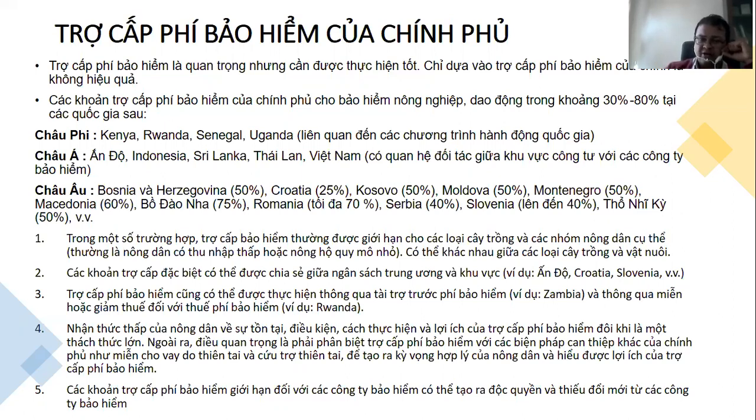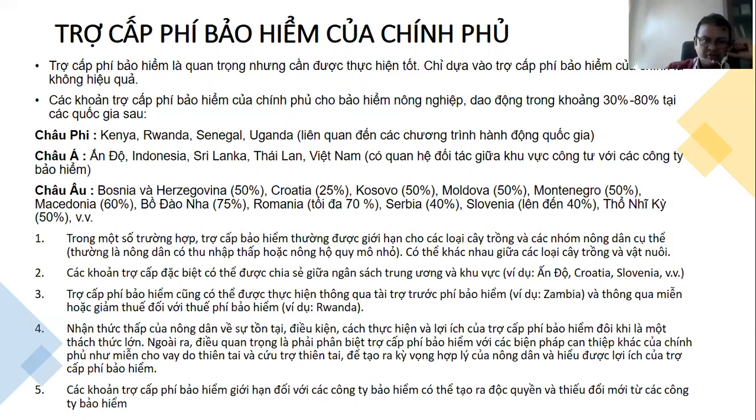In all these countries, there are national schemes, and these schemes have premium subsidies. In Asia, premium subsidies are also there in many countries, including Vietnam. There are also premium subsidies in Europe at different levels, as some examples are given over there.